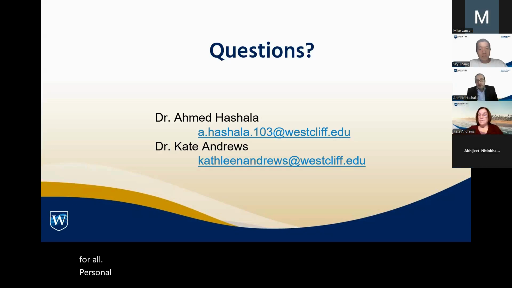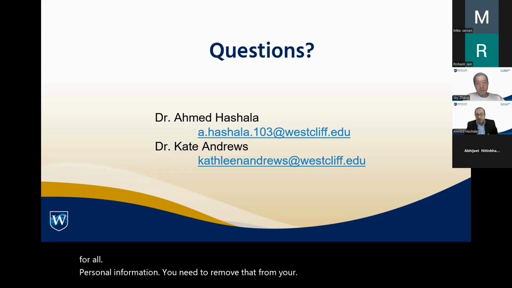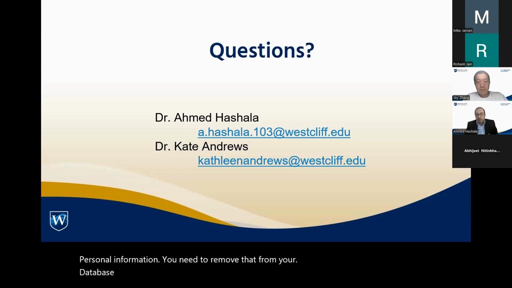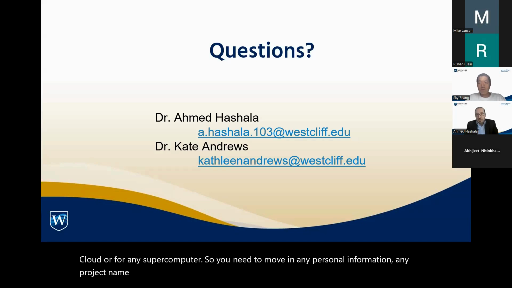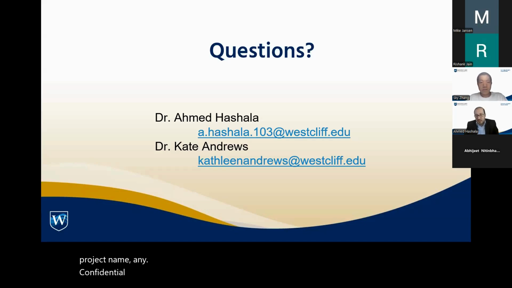You need to remove that from your database before processing or before putting it into a cloud or any supercomputer. So you need to remove any personal information, any project name, any confidential data. This is step number one.